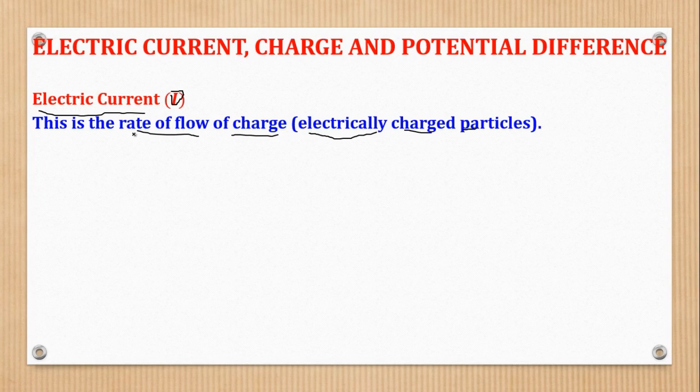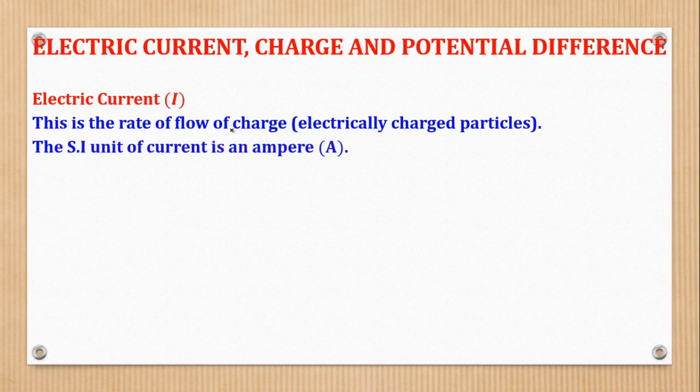But even if you say rate of flow of charge, it is still okay. The SI unit of current is the ampere, with symbol capital A. So each time they tell you to calculate current, after getting the value, you must remember to put the unit, and that unit is ampere.